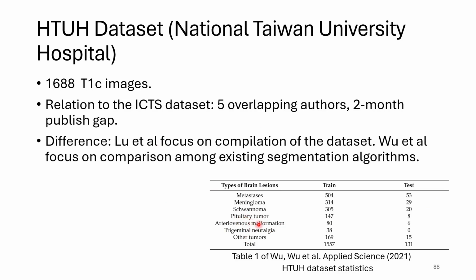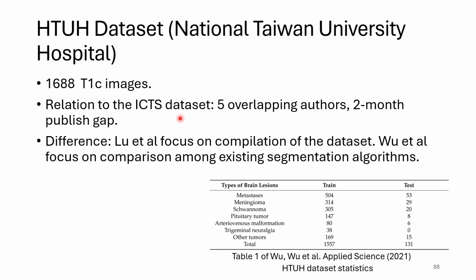types of tumors, and I found something very interesting. There are 6 authors of the ICTS dataset, and there are 9 authors of the NTUH dataset, and 5 of them are overlapping. Okay, so what's the difference?